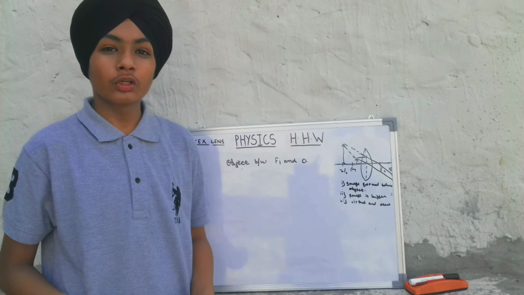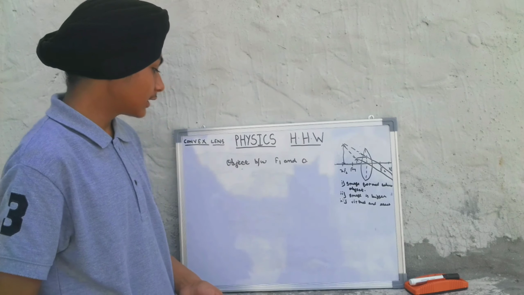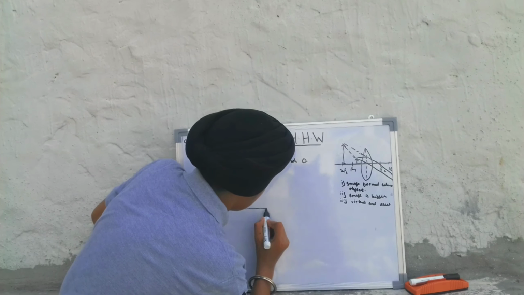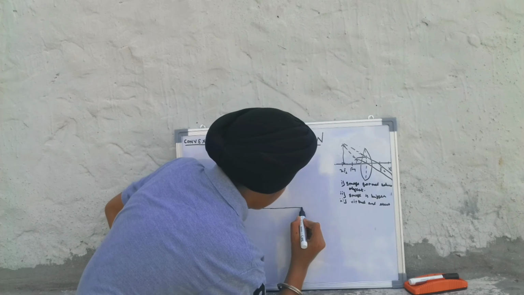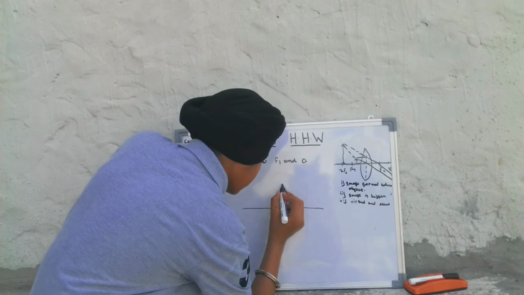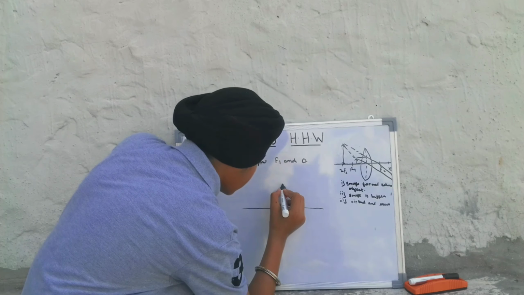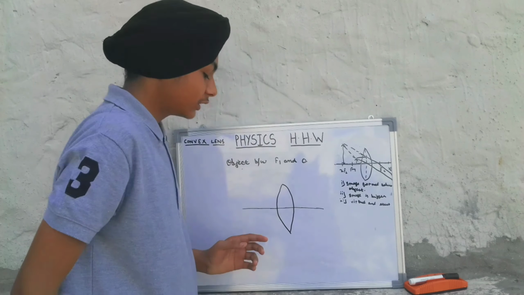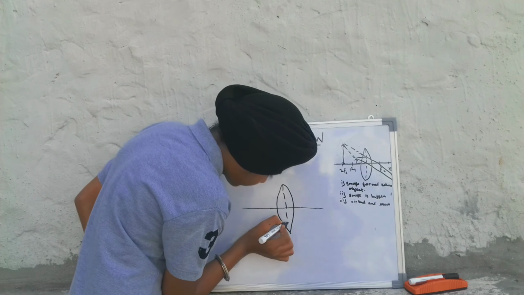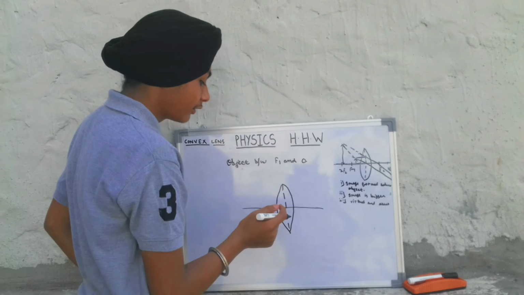So let's move on to the second case of our convex lens. First we draw the principal axis. This is our principal axis. This is our convex lens and this is our normal.